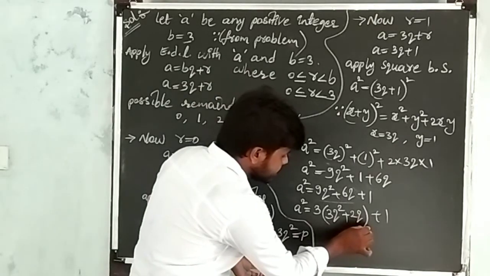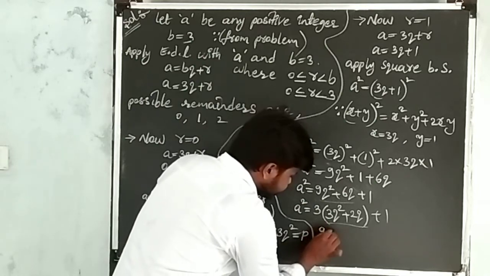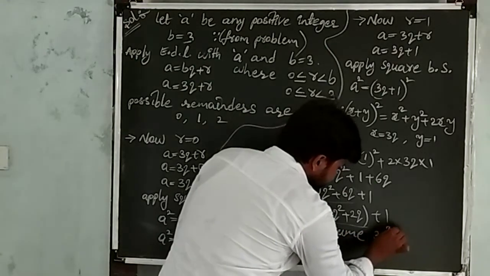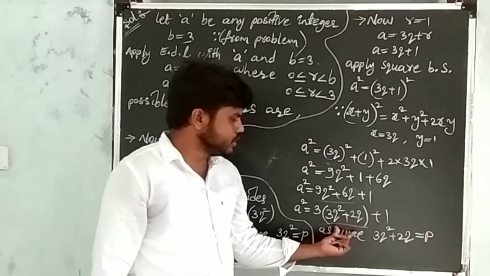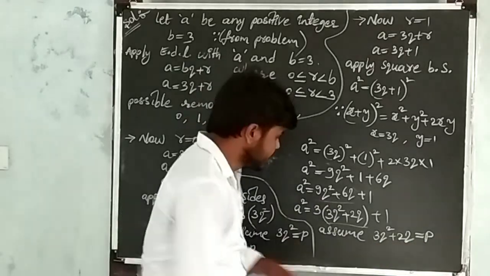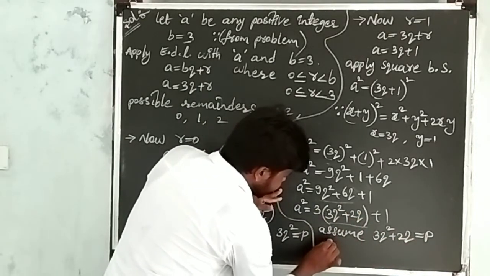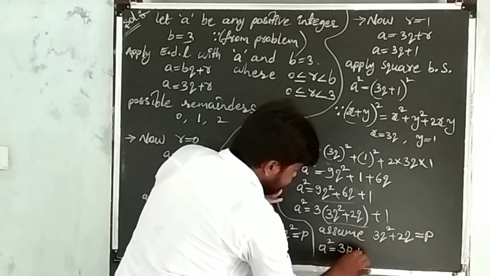Now assume this 3q square plus 2q as p. Substitute this p instead of 3q square plus 2q. A square equal to 3 into p plus 1.